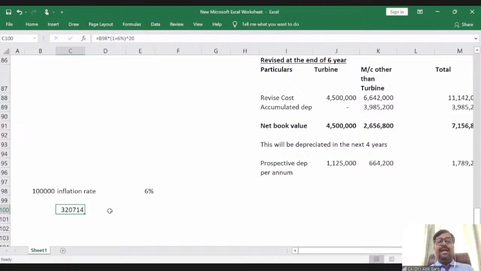So it is coming out at 3,20,714. It is coming out at 3,20,714, right?